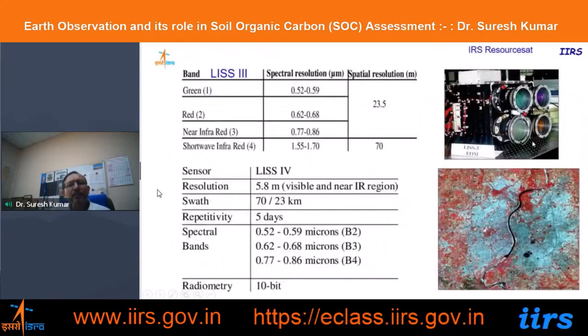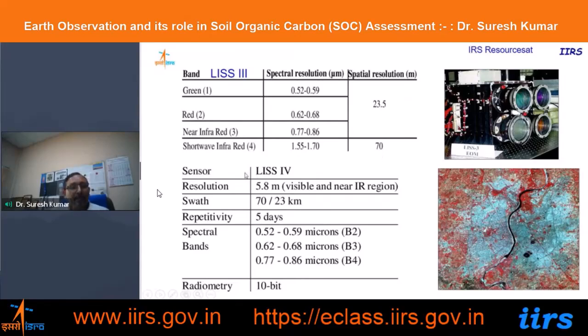If we see the Indian remote sensing satellite data, we have the LISS-3 sensor, which provides 4 spectral bands: green, red, near infrared, and short wave infrared, with 23.5 meter spatial resolution, and short wave infrared providing 70 meter spatial resolution.